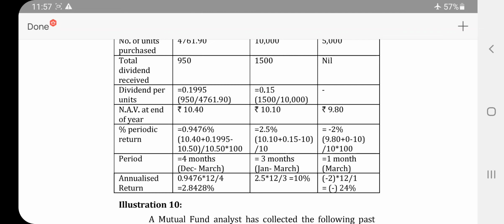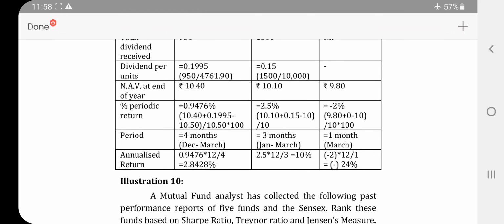So we need to find the annualized return for the different kinds of mutual funds. How do you calculate the annualized return? The total percentage periodic returns you already got. You need to multiply it by 12 divided by the number of months.